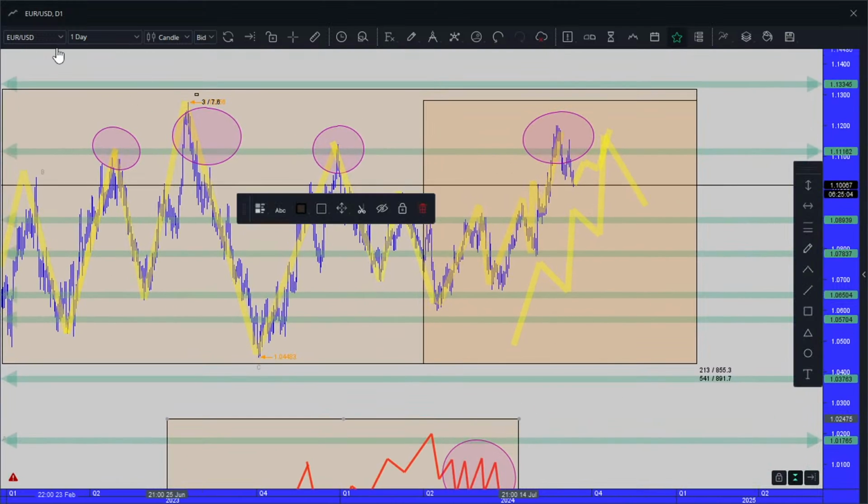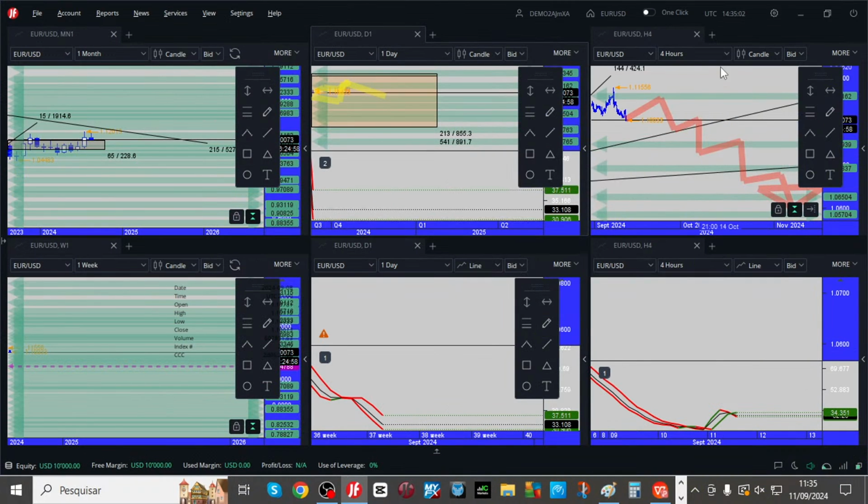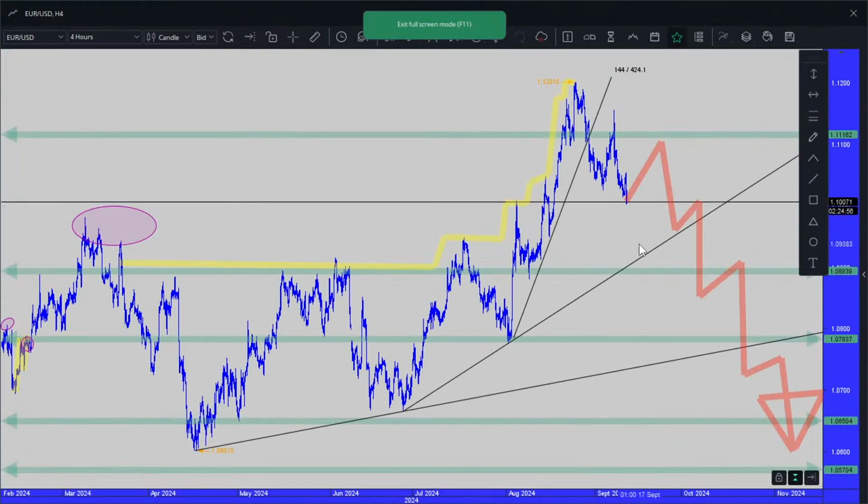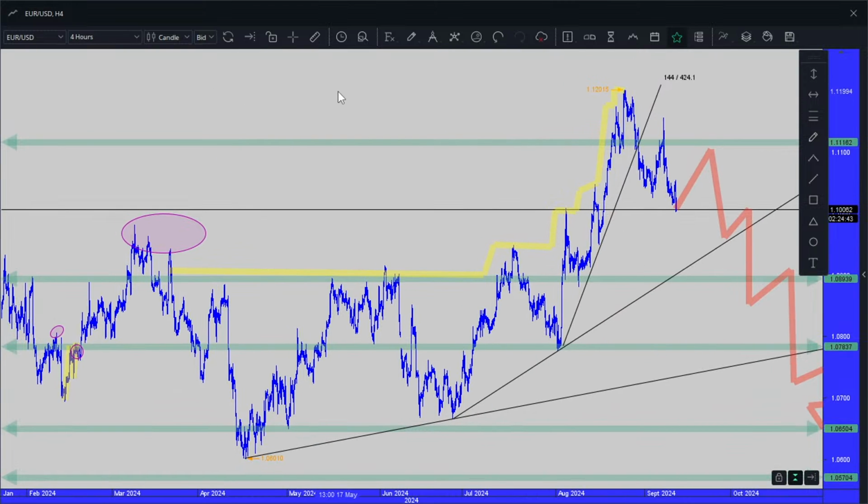And we're talking about how some traders would like to buy euro dollar. Sam, how are you going to make money out of euro dollar on the 4-hour chart? Are you seeing uptrends?